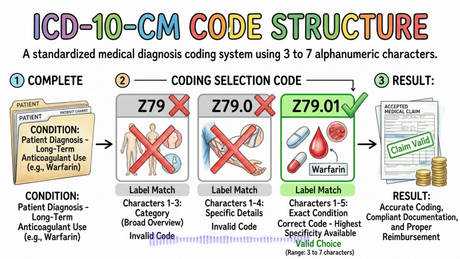The first 3 characters represent the category of the disease, providing a broad overview of the patient's condition. The remaining characters add very specific clinical details, such as the exact location of the illness or the severity of the disease. For your exam, you must remember that a code is only considered valid when it is coded to the highest number of characters available for that specific condition.